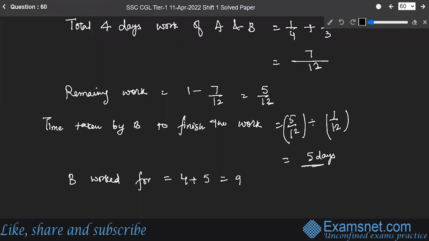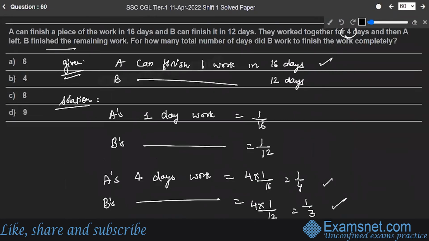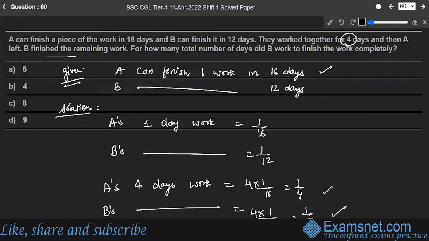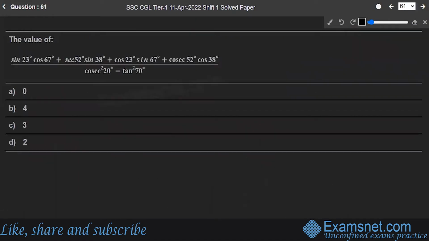Right? So total he worked for how much? He worked for 9 days, and this is our answer. Total number of days B worked was 9. Okay, so option D is the correct answer. Hope you're clear. Right, let's move to the next question, number 61.